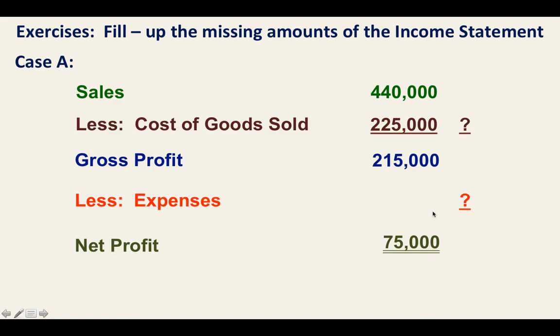Now to solve expenses, you need the gross profit and the net profit. The equation requires gross profit minus expenses to give you your net profit, so what we can do is gross profit minus net profit will give you your expenses.